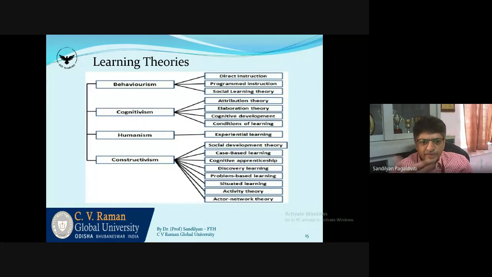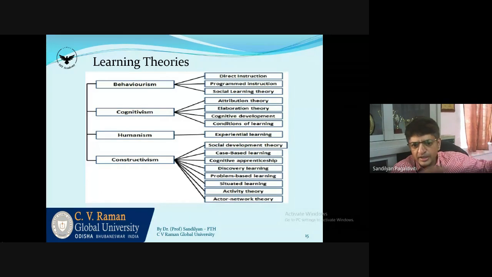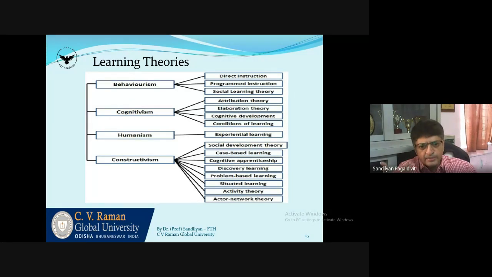And constructivism theory says social development, case study based learning, cognitive apprenticeship, discovery, problem based, situation, activity, or actor network theory. So you need to read more into each of these to understand the different theories. The more you read, the more time you give, you will be able to better understand and apply this. Can we move on?